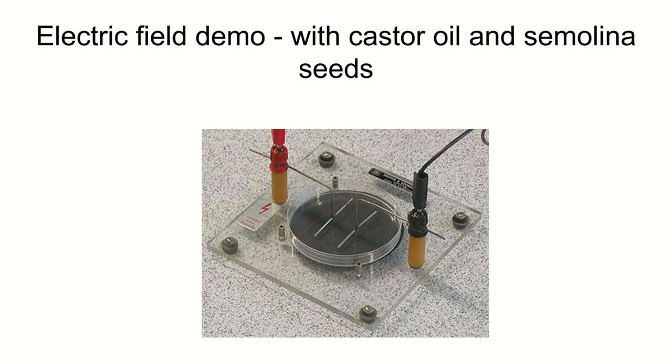Usually red is taken as positive and black is negative. They are attached to the high voltage power supply, and we put castor oil in the dish. Castor oil is usually used in food.